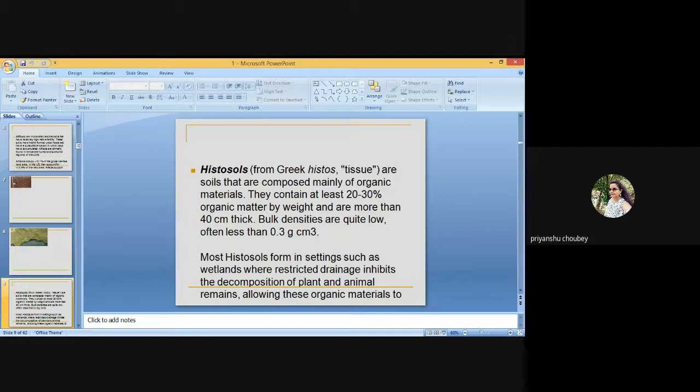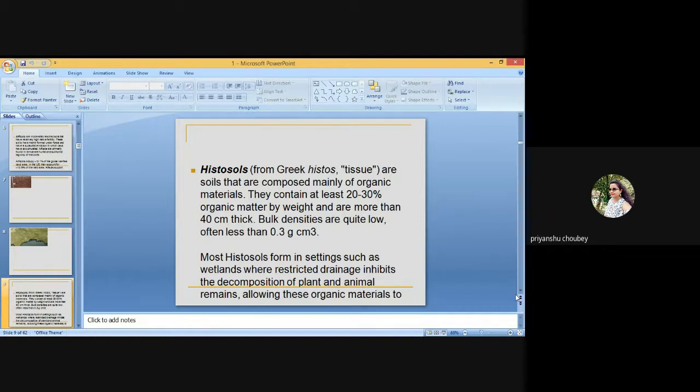Histosols, from the Greek histos, tissues, are soils that are composed mainly of organic materials. They contain at least 20 to 30% organic matter by weight and are more than 40 centimeters thick. Bulk density is quite low, often less than 0.3 gram per cubic centimeter.